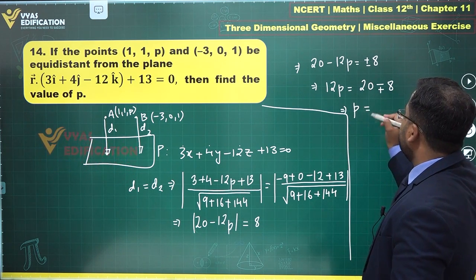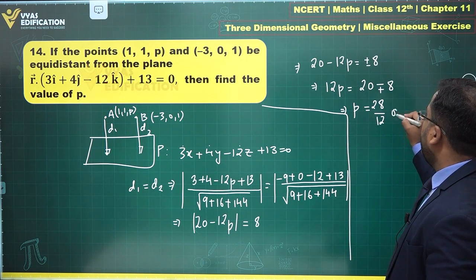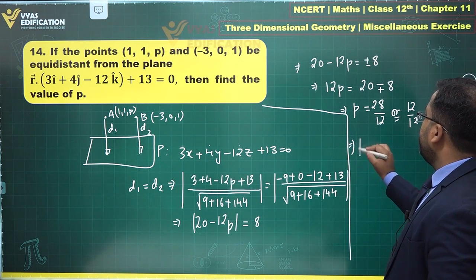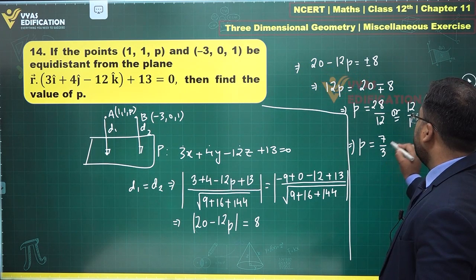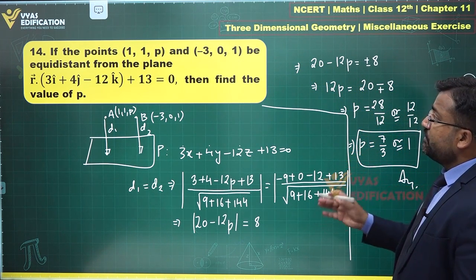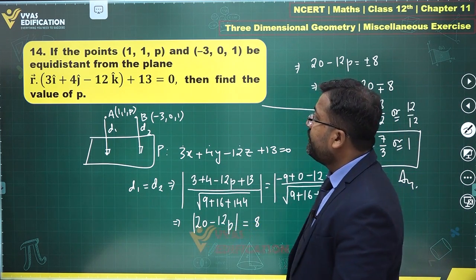This tells me p is equal to 20 plus 8, which is 28 by 12, or 20 minus 8, which is 12 by 12. This tells me p will be equal to, divide by a factor 4, 7 by 3 or 1. That's my required answer for this question number 14, as you can see over here.